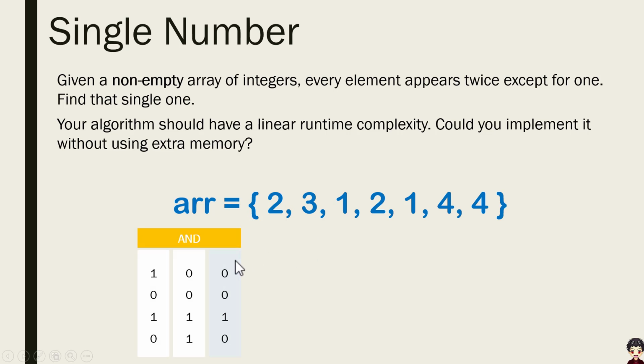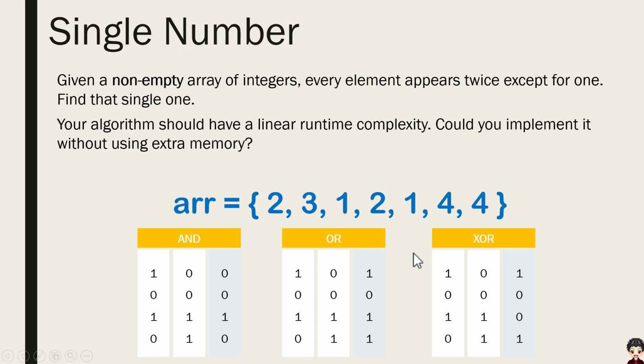So we have to look at these bitwise operations. So we have this AND, OR, and XOR. So I think you should be very familiar with how this works already. So if AND, it has to have both of the values as 1 for it to have a 1 value.